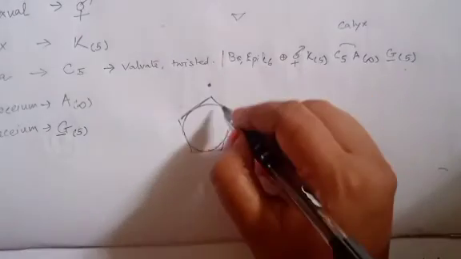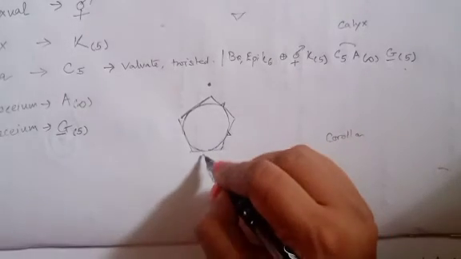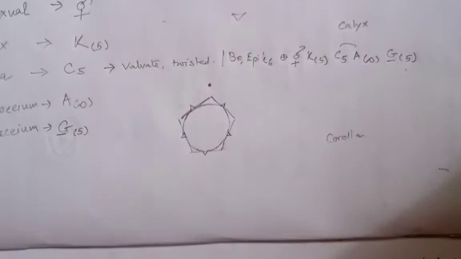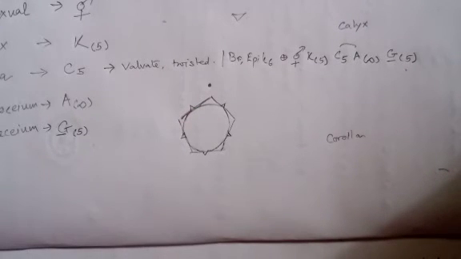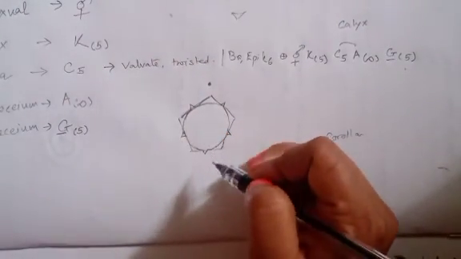So as they are fused, I will denote them with one triangular matter over here. So this makes my calyx.